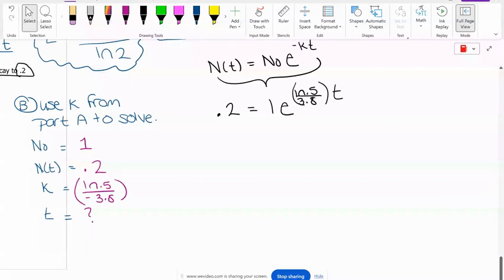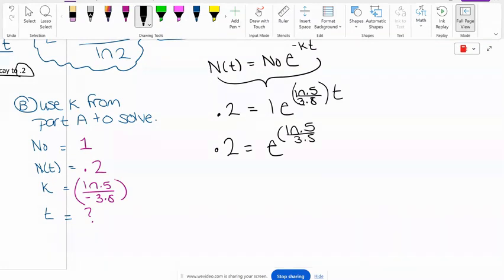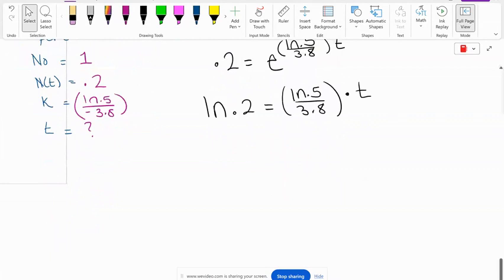We need to solve. So we have 0.2 is equal to E raised to the ln of 0.5 over 3.8 times T. We're going to take the ln of both sides. So this will just shortcut into ln of 0.5 over 3.8 times T. We could lose those parentheses.